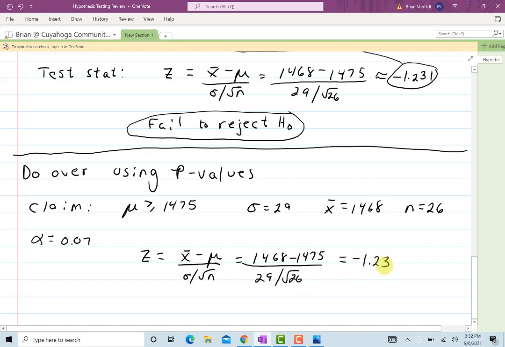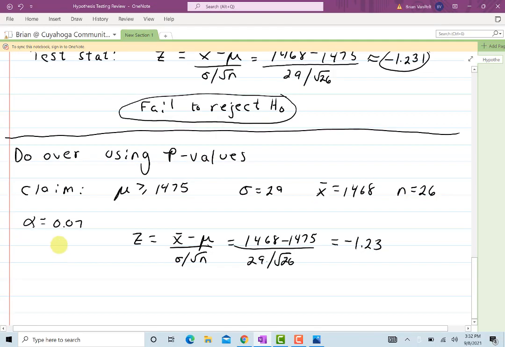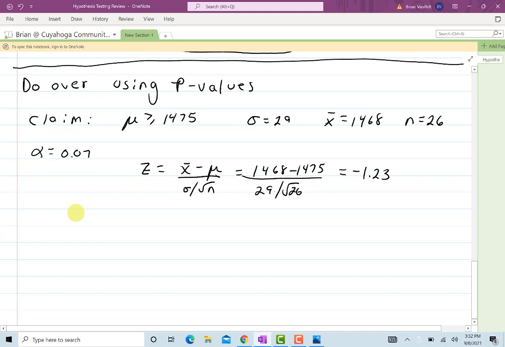Now you only need to go to 2 decimal places because I'm going to now use the table to tell me how much area there is to the left of negative 1.23. However, unfortunately, that table only works with positive values, so I'm going to get a positive answer that I need to translate to the negative side.